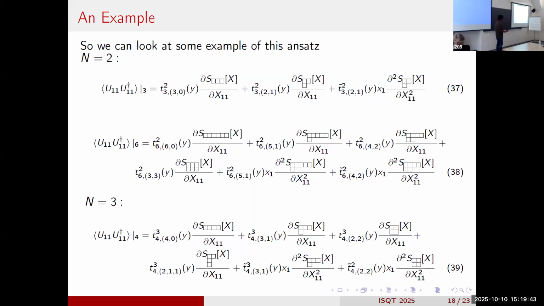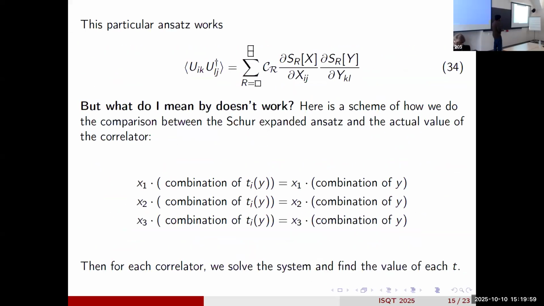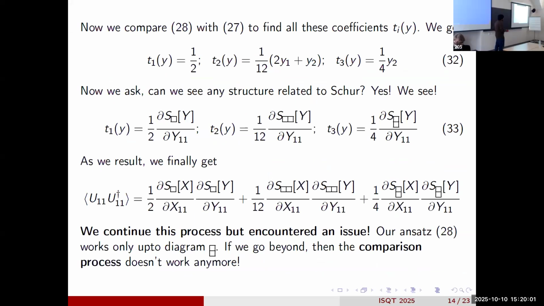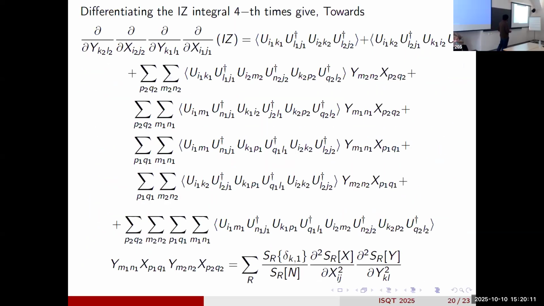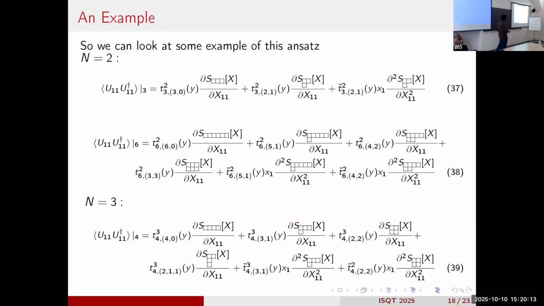If we get the general formula for these, we can put it over here, then we can solve this problem fully, so that we can express our two-point correlation function in this model totally in terms of Schur polynomials. But as you see, we solved this problem when the Young diagram is small, up to 2. When it's larger, we need to think about it. So this is still an open problem. We are currently working on it.